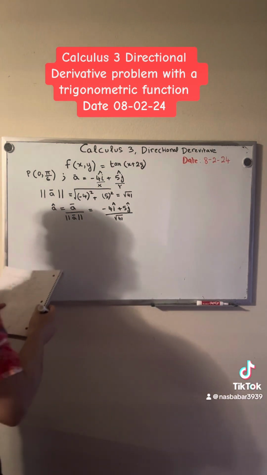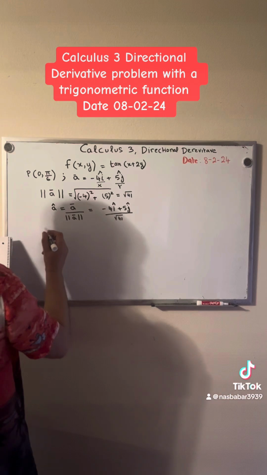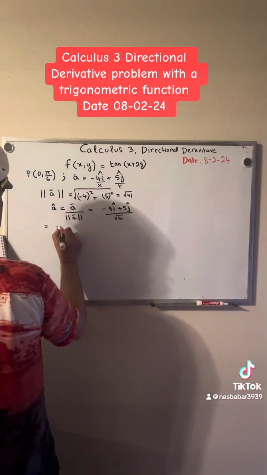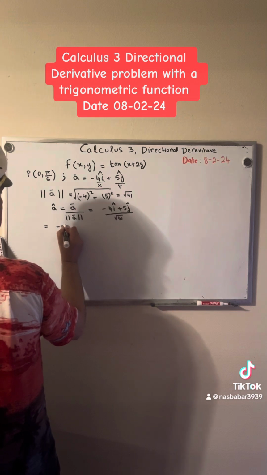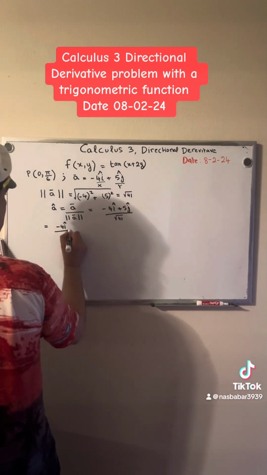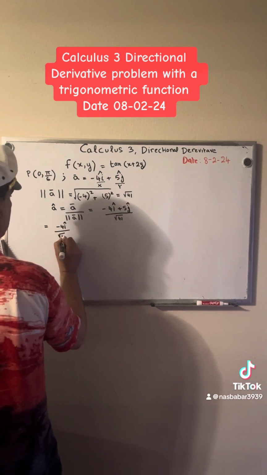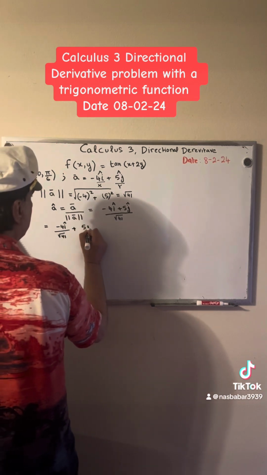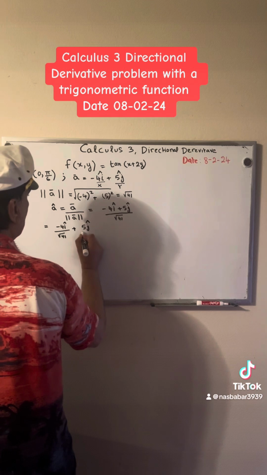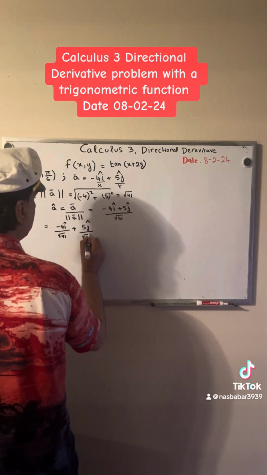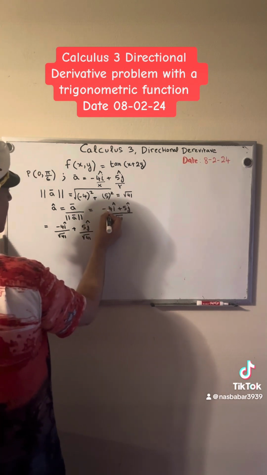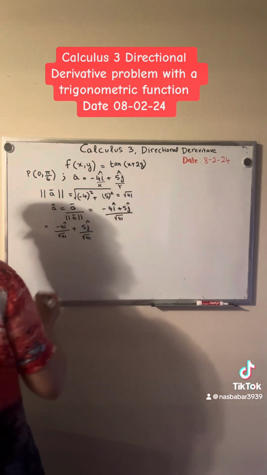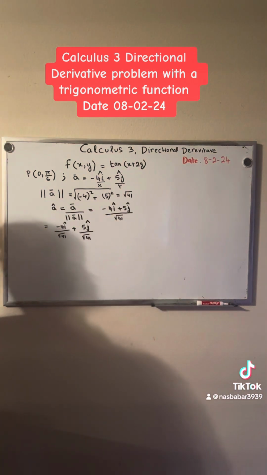Next, we simplify that, and we say minus 4i divided by the square root of 41, plus 5j over the square root of 41. All I'm doing is separating this into 4 over the square root of 41 and 5 over the square root of 41.